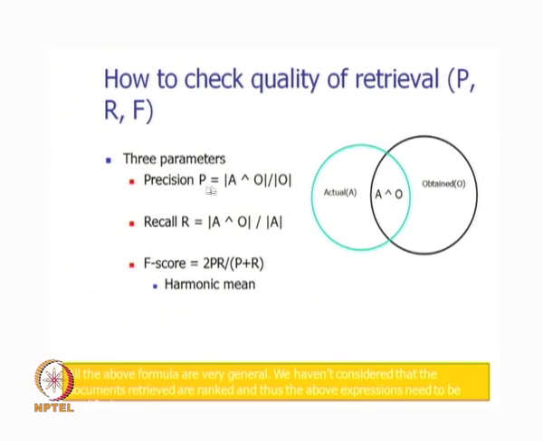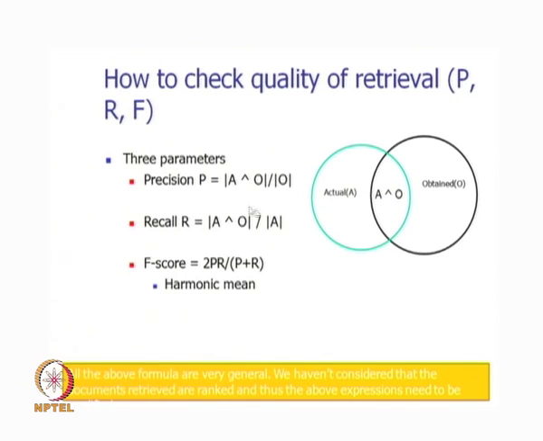Now, this precision is a ratio of A intersection O and O. This means what is the proportion of obtained documents that is correct. This is precision. Recall is the ratio of A intersection O and the size of A. So, this is the proportion of actual documents which are retrieved, actually correct documents which are retrieved.